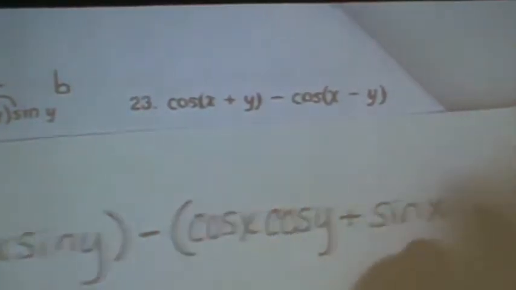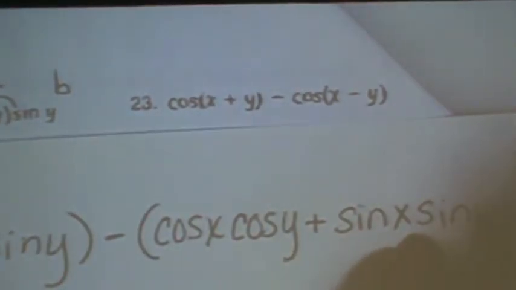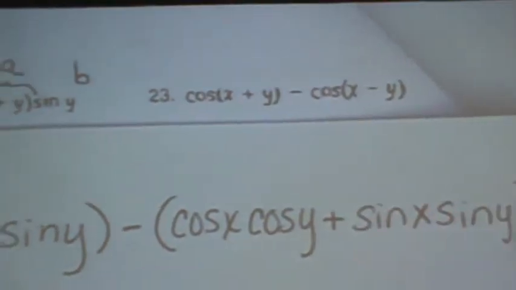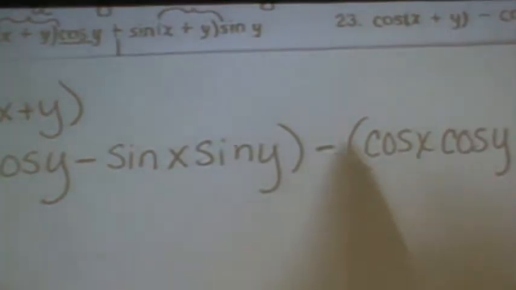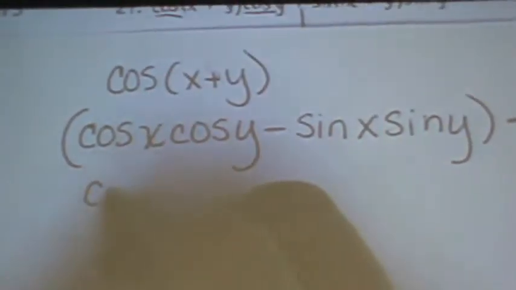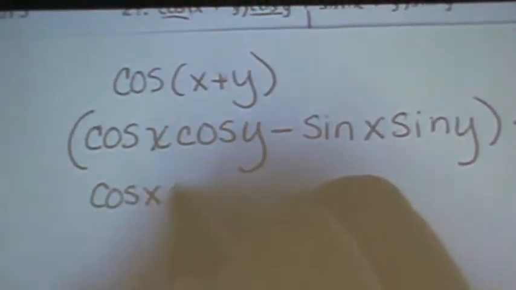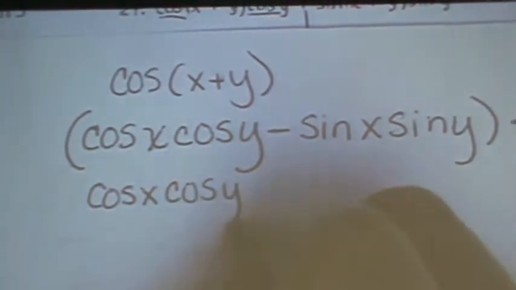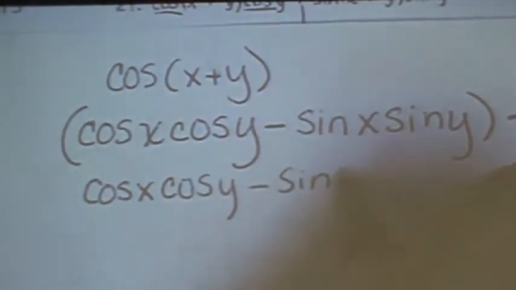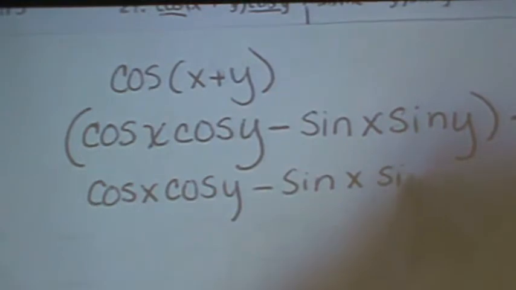Sine x, sine y. So now what we want to do is distribute this negative. So let's rewrite this. Cosine x, cosine y, minus sine x, sine y.